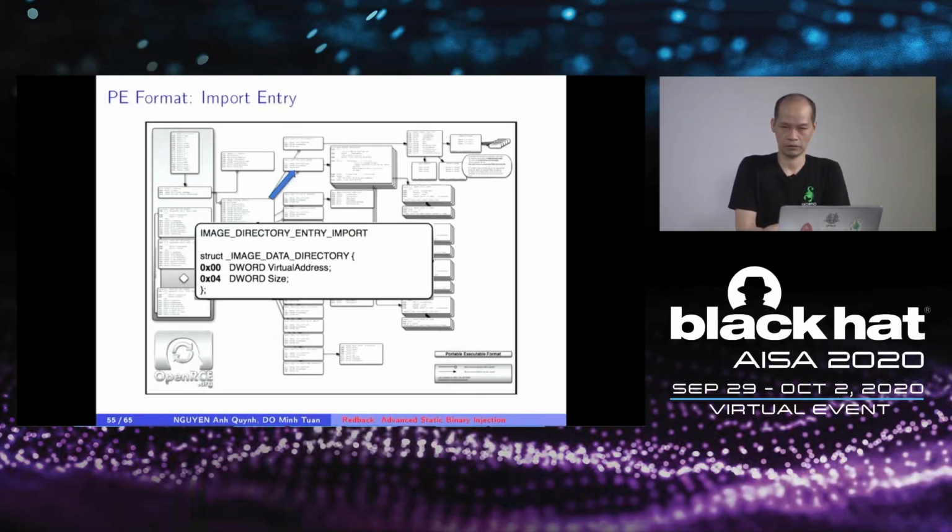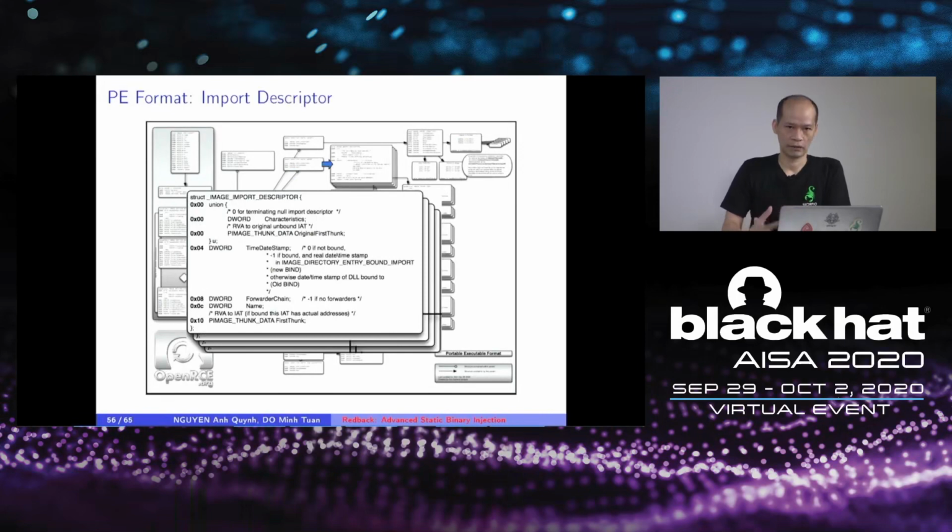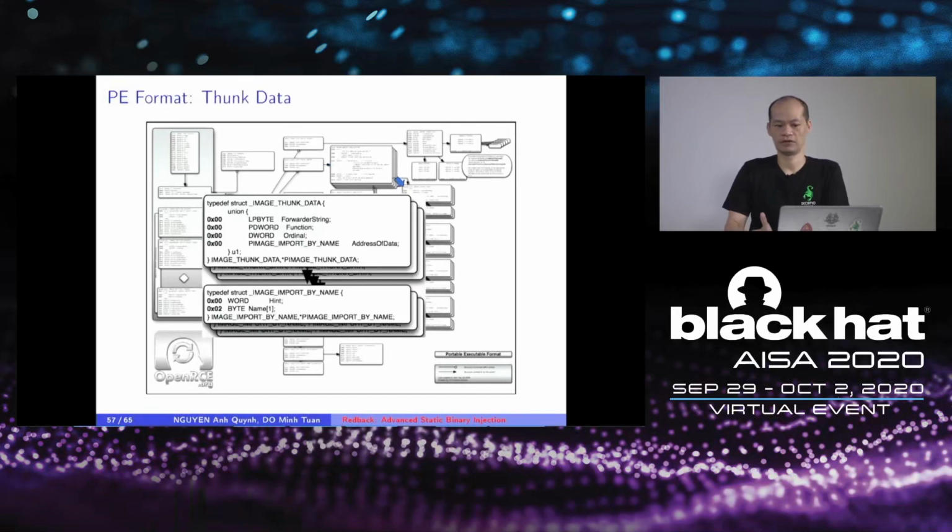One is the import entry, which tells the system loader and linker how to locate the DLLs that this program depends on and which functions the program needs to load into memory to make the program run properly. So we have the import descriptor, and we have thunk data, which tells us where to locate the imported function, from which DLL, on disk and in memory.